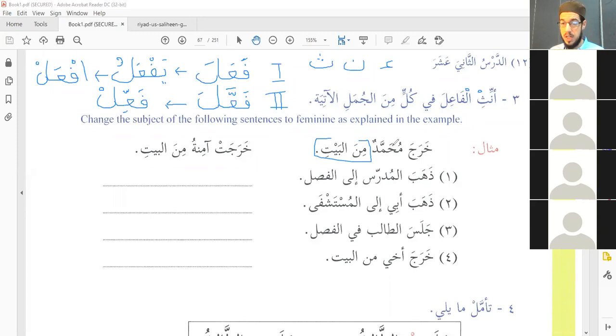Muhammadun, he's the one who did it. Min al-bayti, from the house. Muhammad left the house. Now we're going to change it, changing the subject. خرجت, our feminine form. آمنة, fa'il, marfu'. من البيت, jar majroor, prepositional phrase. Okay, let's do it. We had left off with Brother Muhammad.